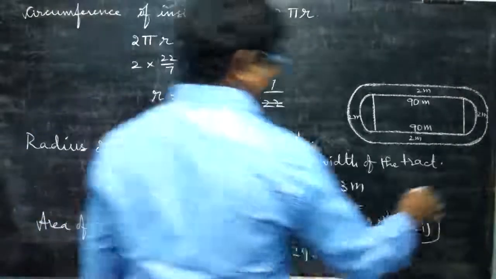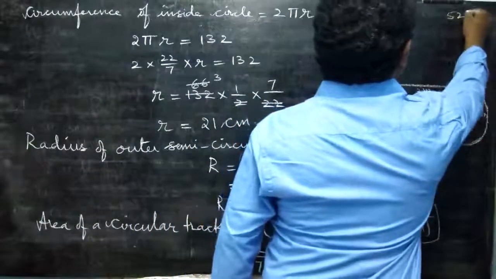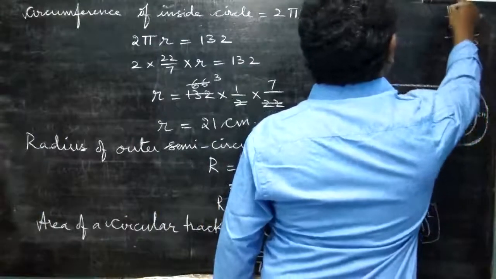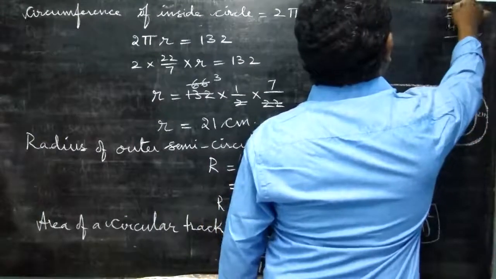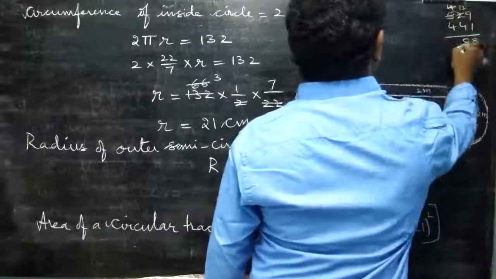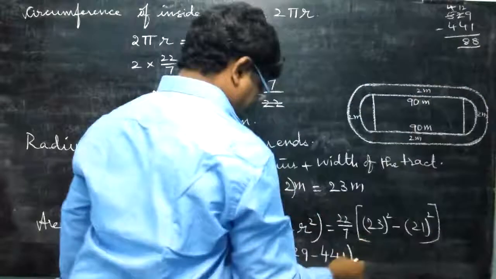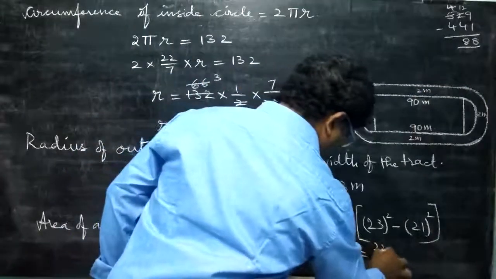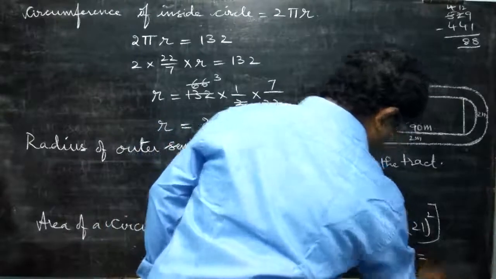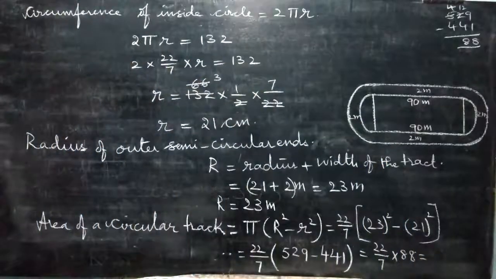Subtract, 529 minus 441. 12 minus 4 is 8 and 4 minus 4 is 0. So after subtracting we got 22 by 7 into 88. Divide and multiply.